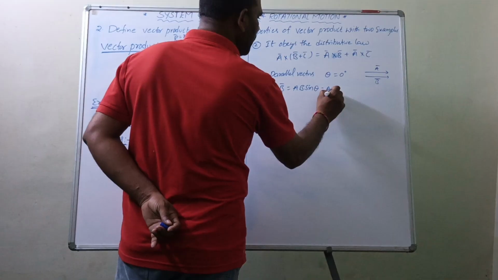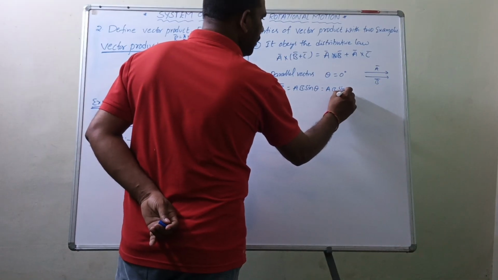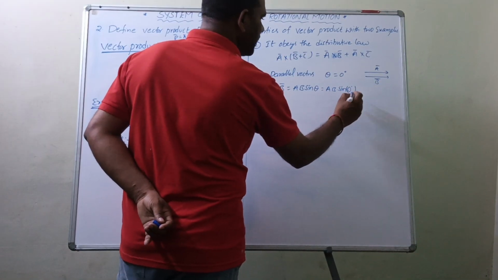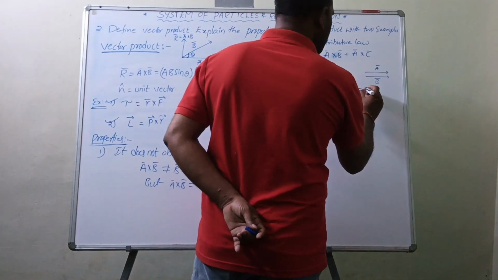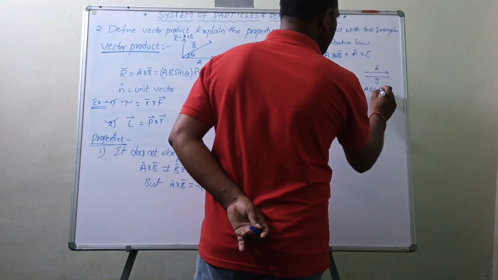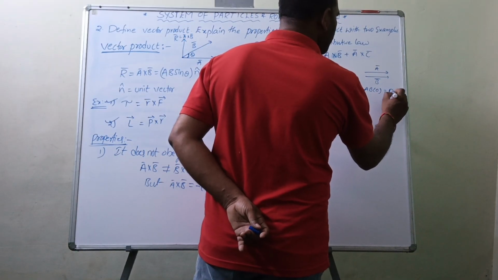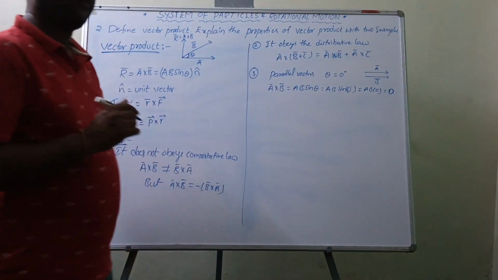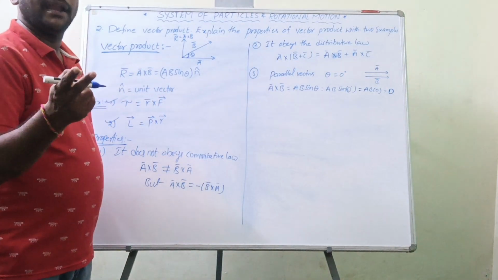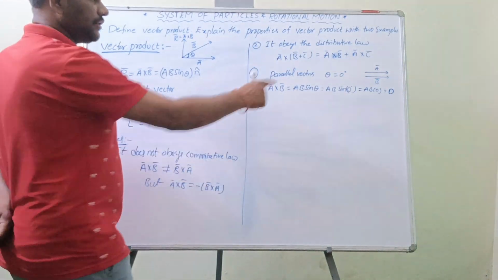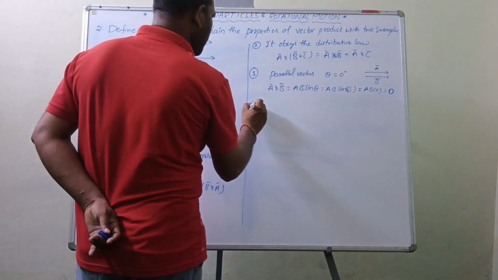Where theta is 0, what is the value of sin 0? Sin 0 is 0, and 0 into anything is 0. Then ab into 0 is equal to 0. So if two vectors are parallel, the vector product gives a null vector, the zero vector.